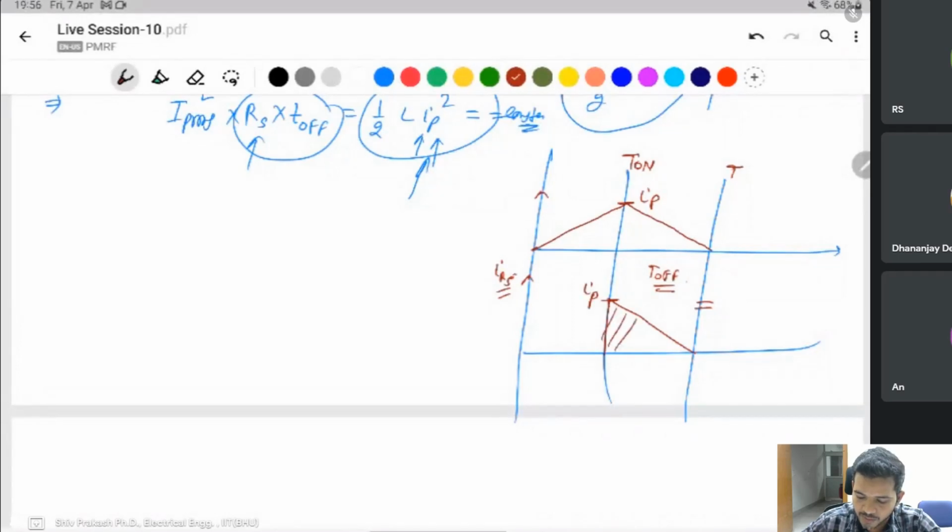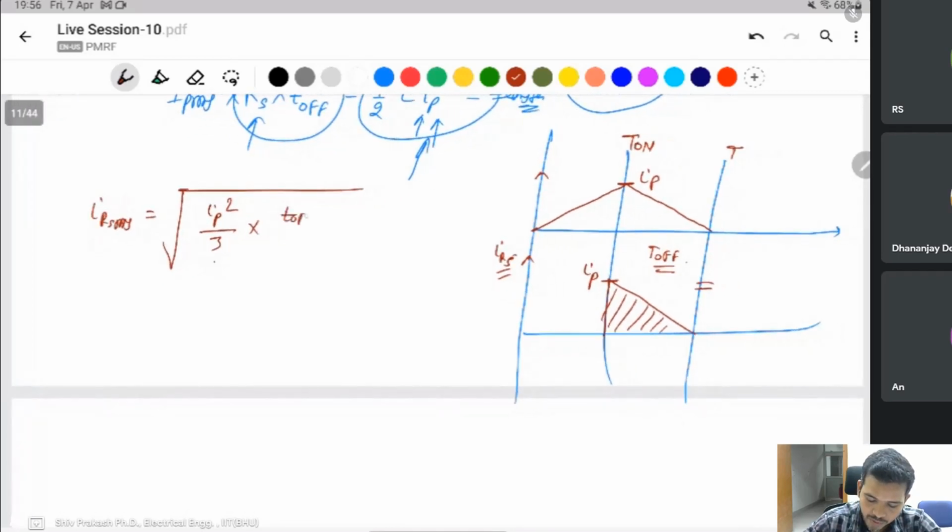Then what will be the RMS of this one? The RMS value for a triangular waveform takes the maximum peak value IP square divided by 3, into the time period where it is present, divided by the total time period.